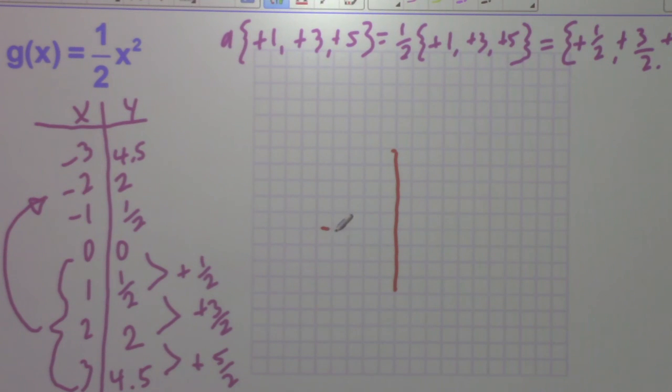So we get something like this. Okay, we get 0, 0, 1.5, 2 is 2, and 3 is 4.5. And then symmetry gives you this looking thing here. And so this is what you have here, is that right?